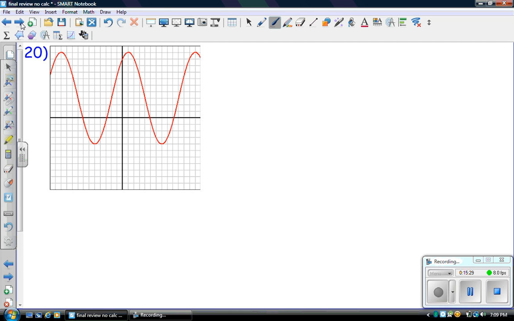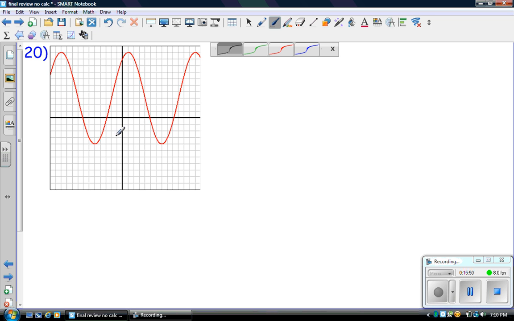Another tougher one with the graph. It says we need to find a cosine rule that seems to be identical to this. Okay, so the first thing that will eliminate some of your answers on your multiple choice is to note that obviously I moved up, not down. It's slid up.